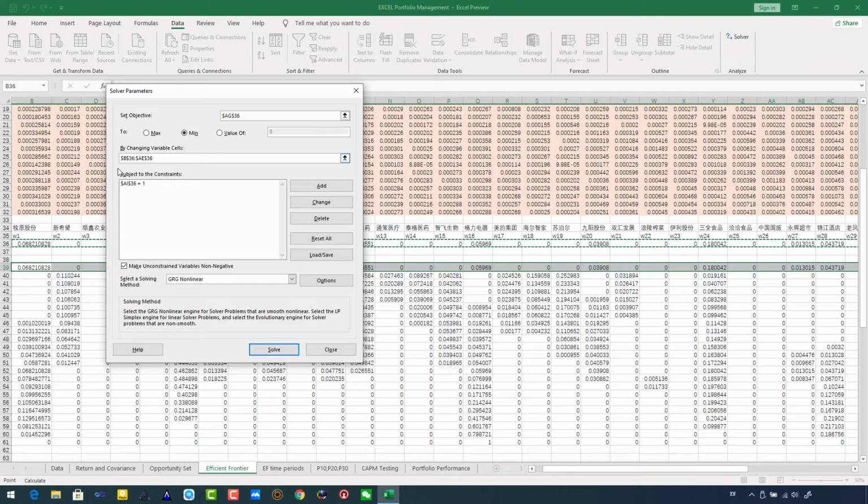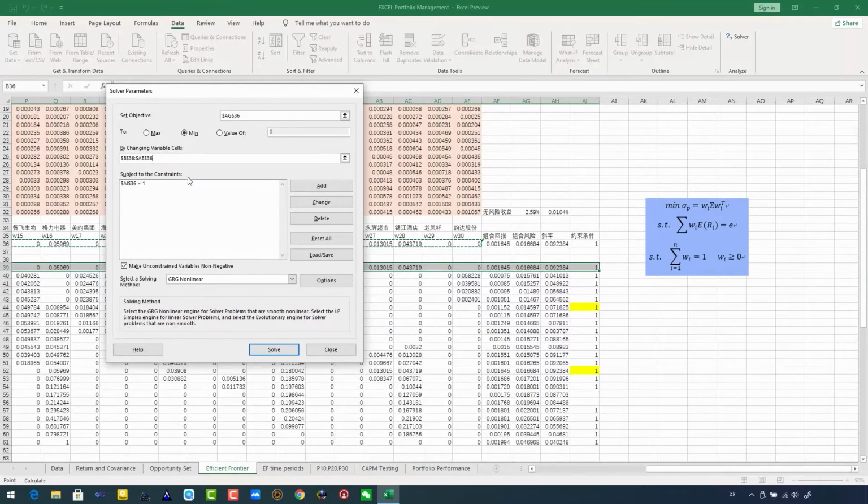And the changing variable is also the weights for these 30 stocks. And the first constraint is the same. We want the sum of weight equal to 1. And you can add the constraint for the weights, each weight greater than or equal to 0. And then we need to add another constraint. Now, another constraint is here.